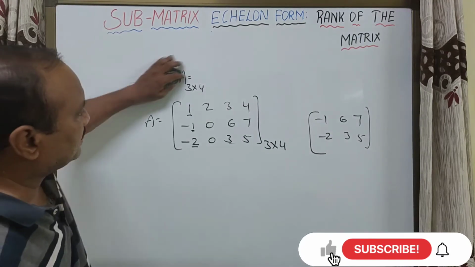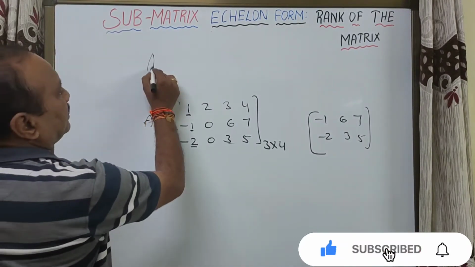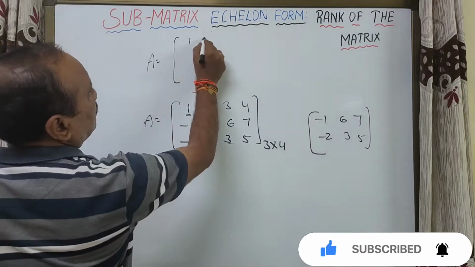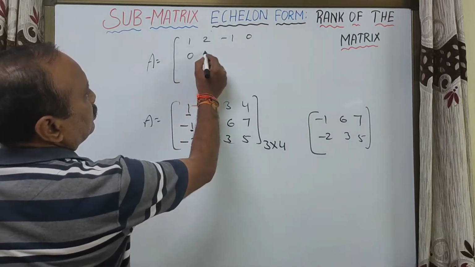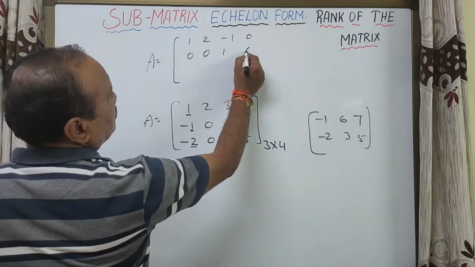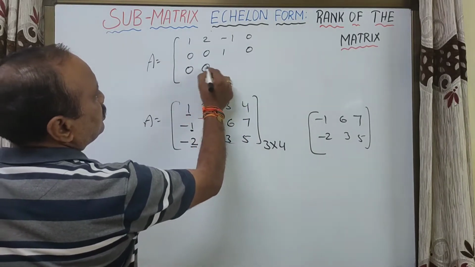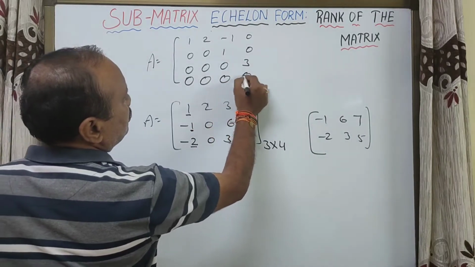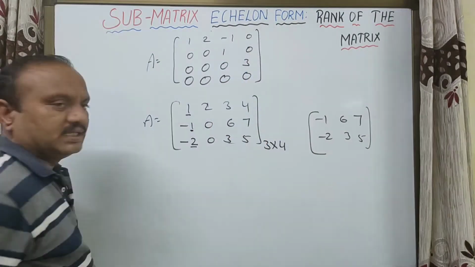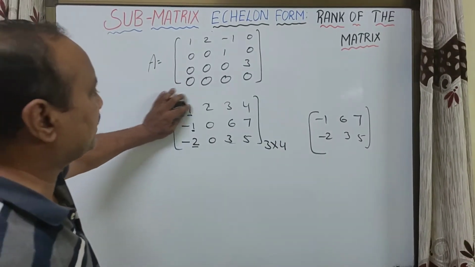If any matrix, for example, you take like this: 1, 2, minus 1, 0, 0, 0, 1, 0, 0, 0, 0, 3, 0, 0, 0, 0. Here I consider 4 by 4 matrix, students.